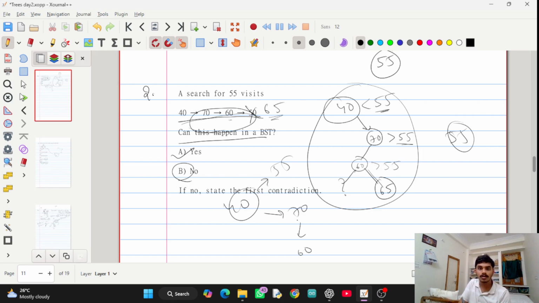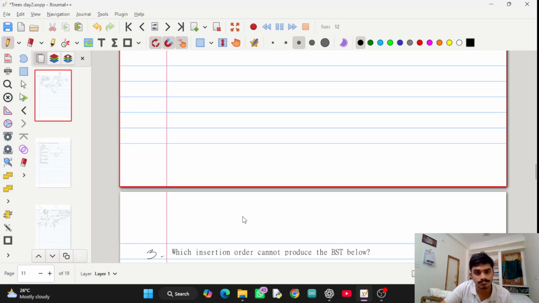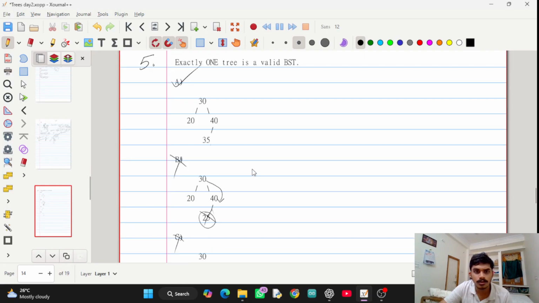We are going through 40, 70, 60, and then the question they gave, 50. We can find even 50 here. There's nothing less than 40 found in this tree. So yeah, this can be considered. We did a good job.